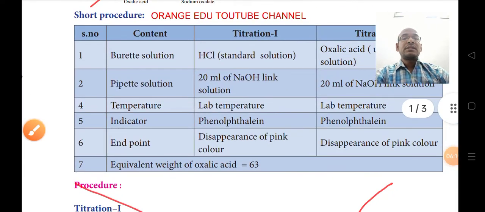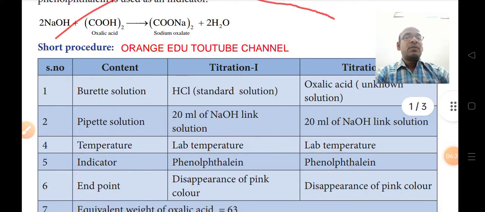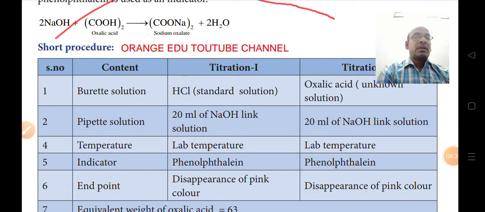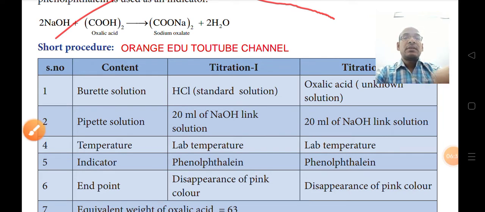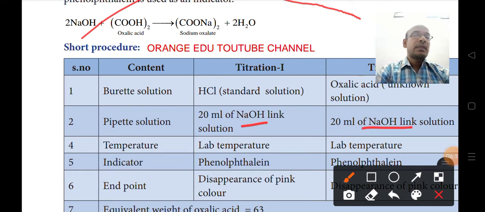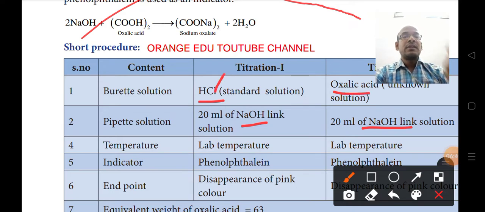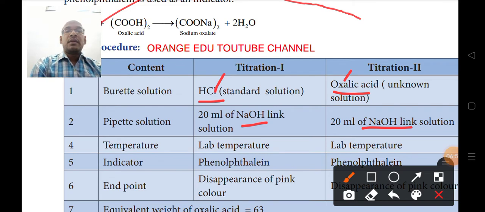Next, you just read the question and then fill the base in 20 ml of pipette. Of the remaining two acids, the standard acid is taken in the titration 1 burette, the unknown oxalic acid in the second titration burette.